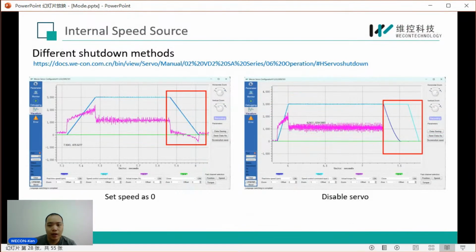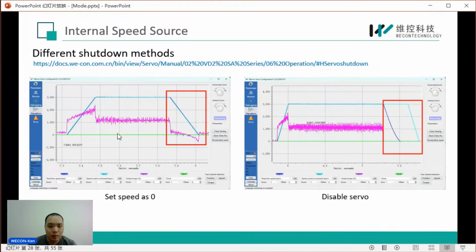And there are two different methods for shutdown. Set the speed to 0 to shut down directly.